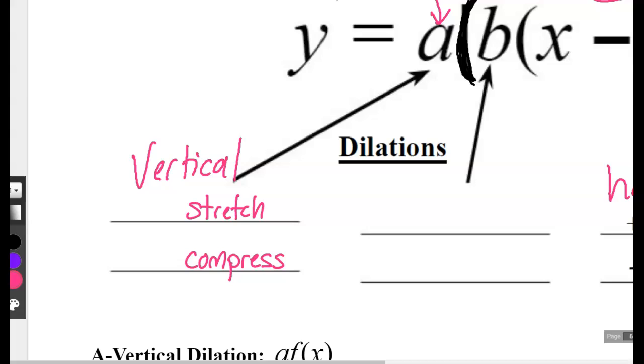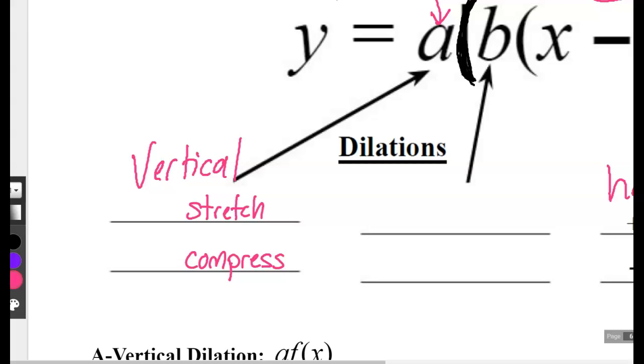Yeah, the y-axis is our vertical. If I'm taking my y-axis and stretching it, oh shoot, I screwed up. I meant to say, and I'm making it bigger than 1, do you think that's a stretch or compression? It's a stretch. Oh, you mean the B value, not the A value? No, I mean the A.